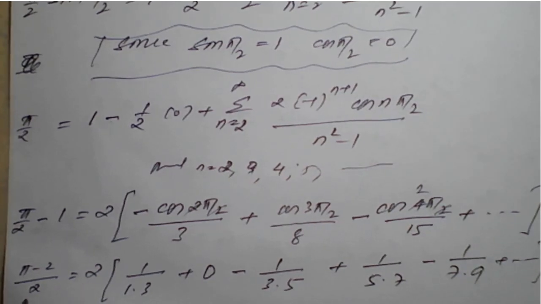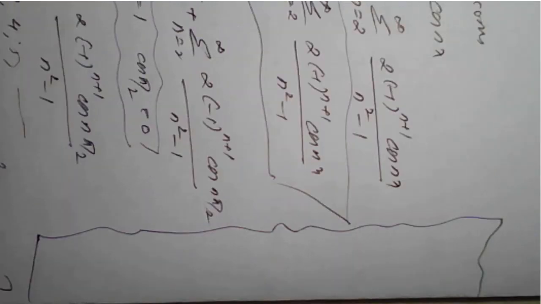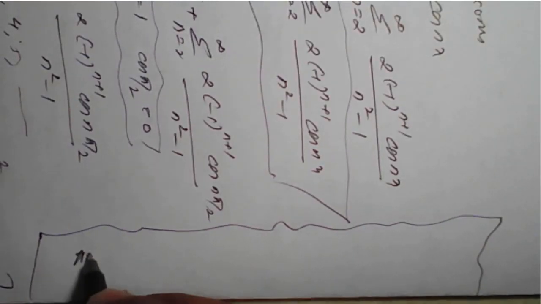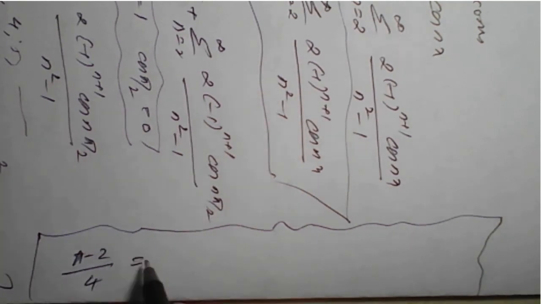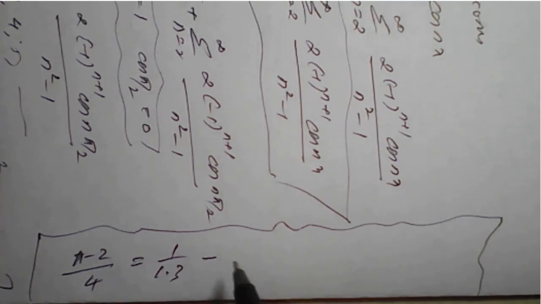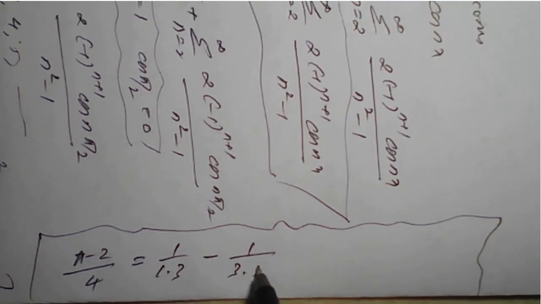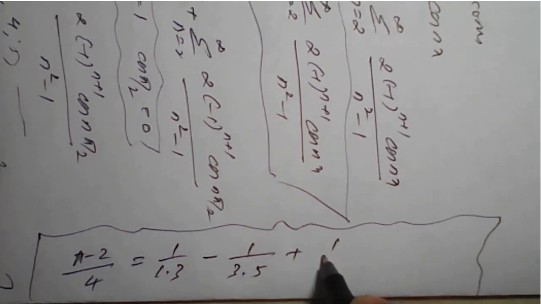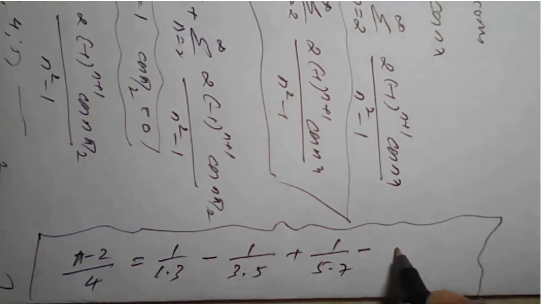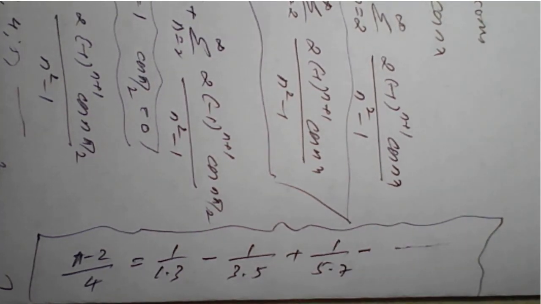So this 2 you cross multiply, so it will be 4, and finally we get the answer as pi minus 2 upon 4 is equal to 1 divided by 1 into 3 minus 1 divided by 3 into 5 plus 1 divided by 5 into 7 minus and so on. So this is the required solution.